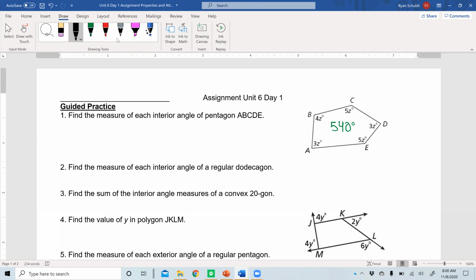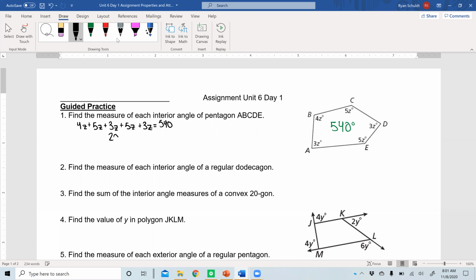So over here, we first got to solve for z. So 4z plus 5z plus 3z plus 5z plus 3z equals 540. Let's see, how many z's does that give us?